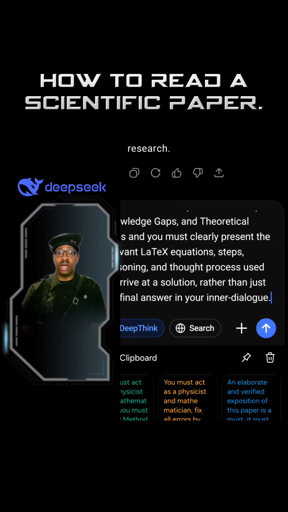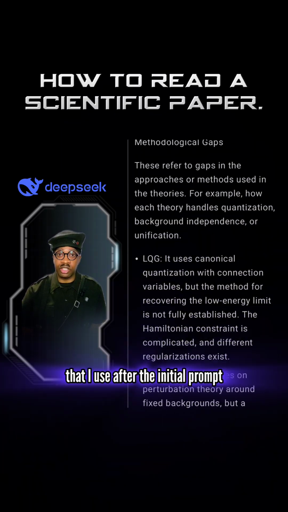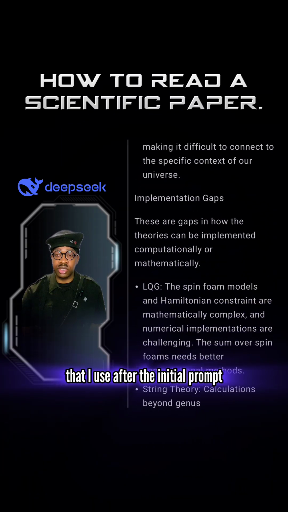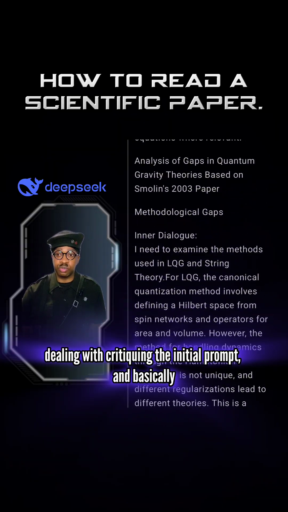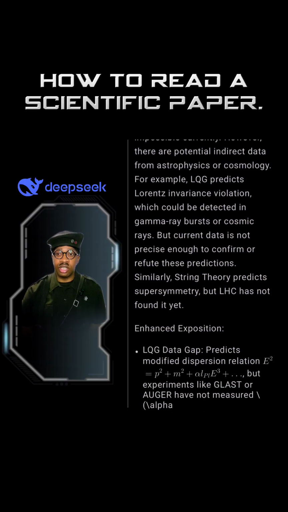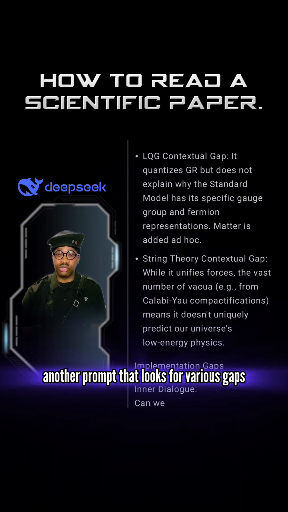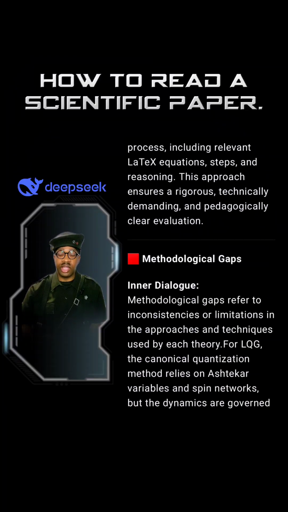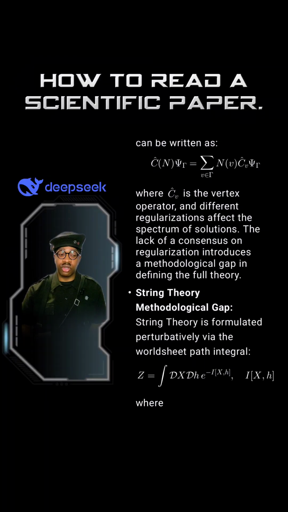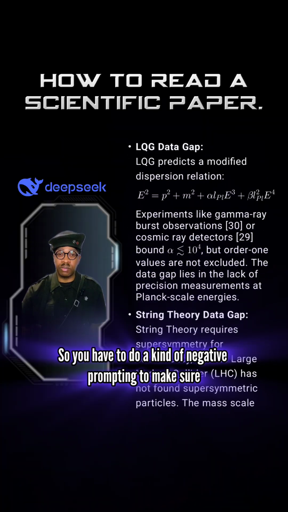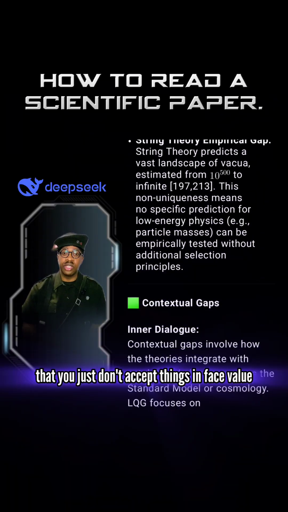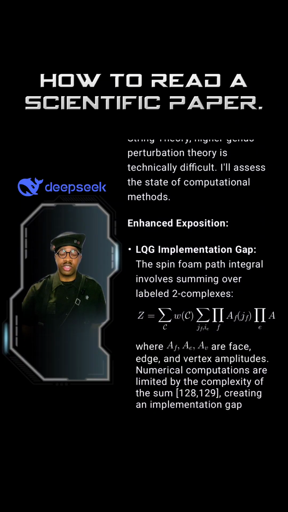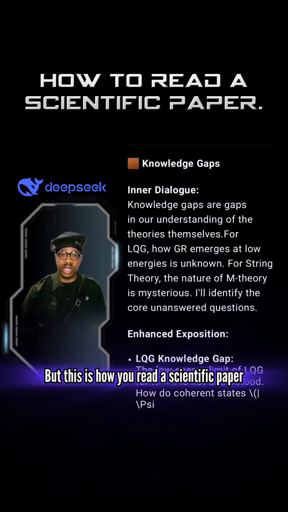So there are two other prompts that I use after the initial prompt, dealing with critiquing the initial prompt, and another prompt that looks for various gaps, contextual gaps, implementation gaps, and theoretical gaps. So you have to do a kind of negative prompting to make sure that you just don't accept things at face value. But this is how you read a scientific paper.